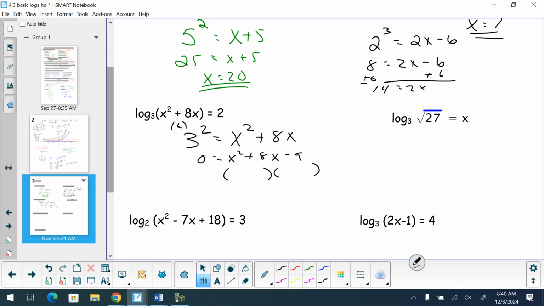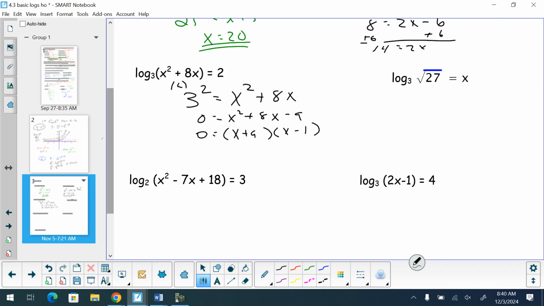Factoring it down. Factor x plus 9, x minus 1. So x is equal to negative 9 and positive 1.